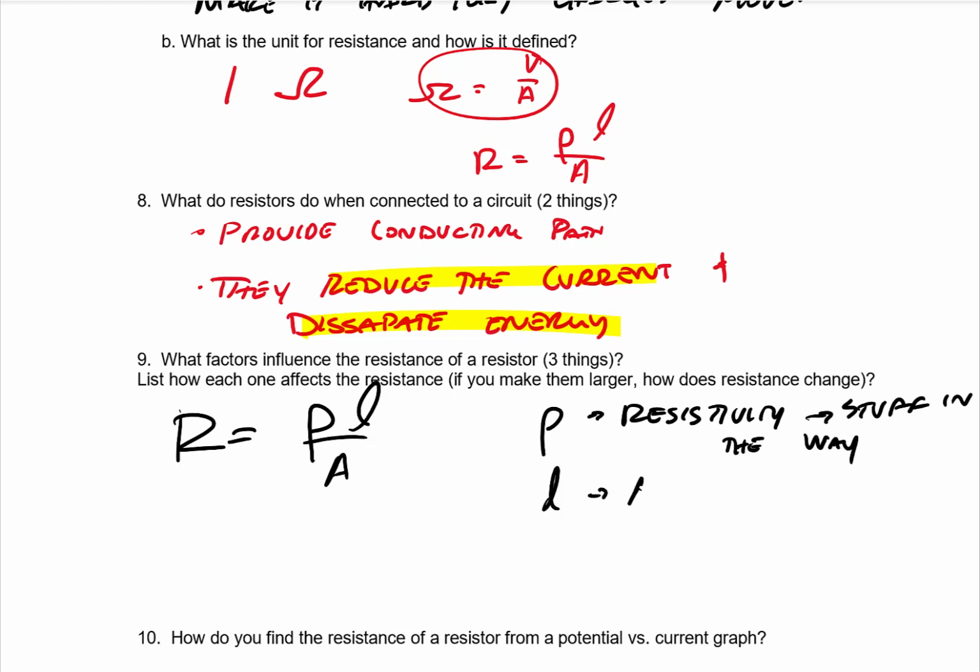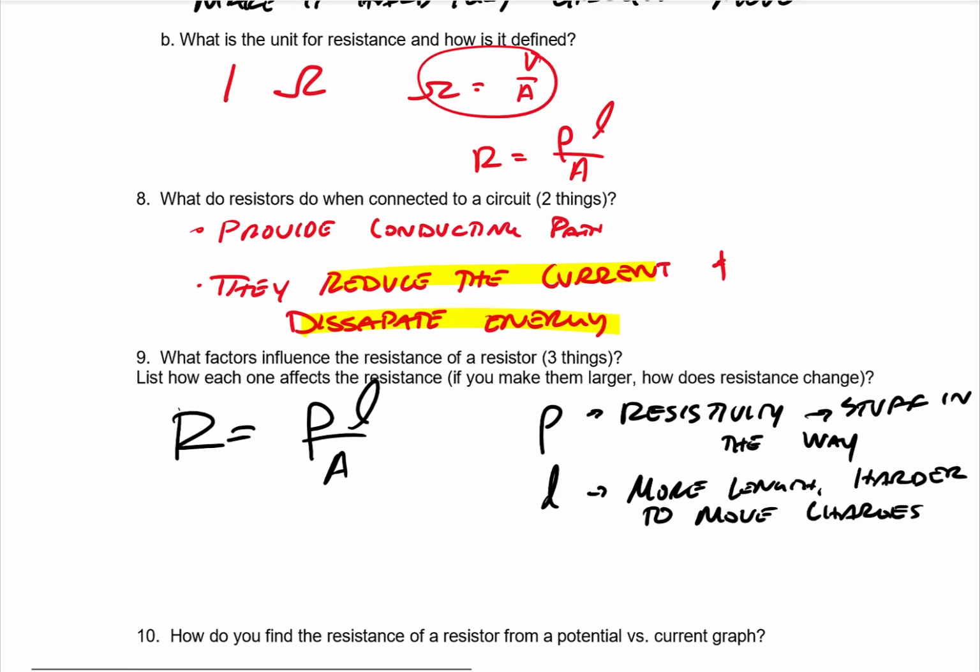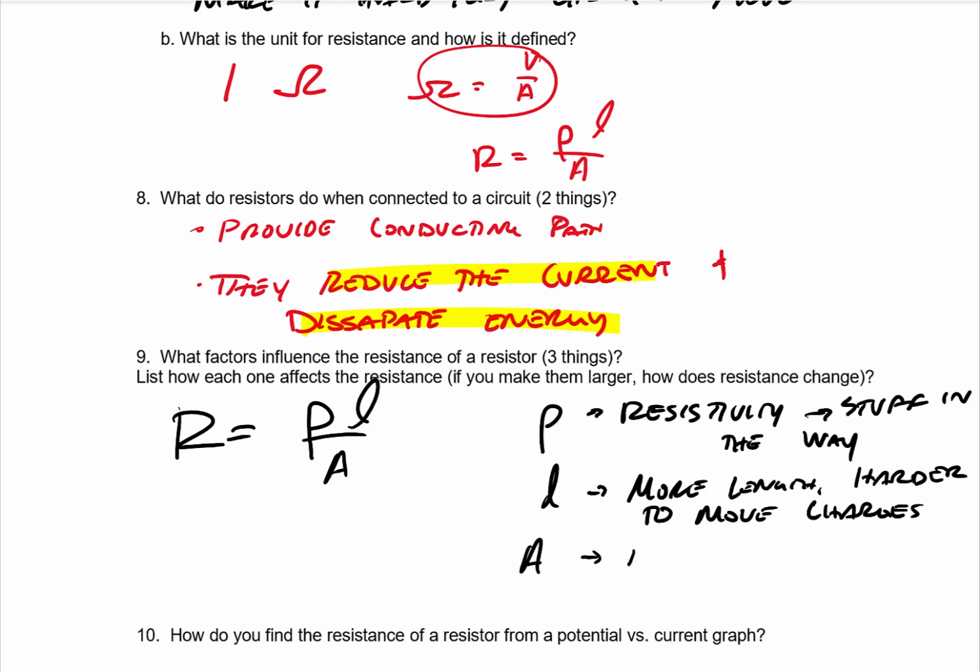The length: the longer the thing is, the harder it is to push charges through, so we have more resistance. And then the area: if we have more area, it is easier to move charges.